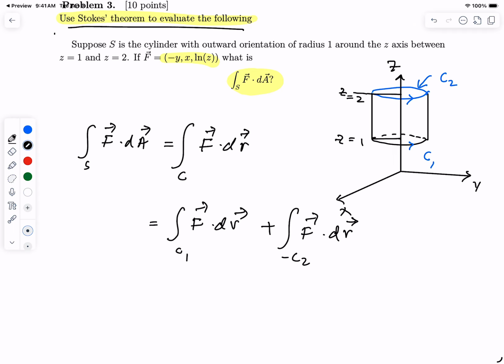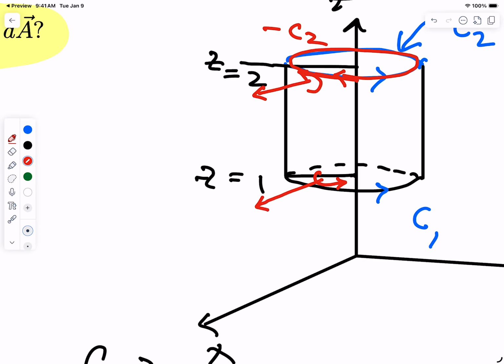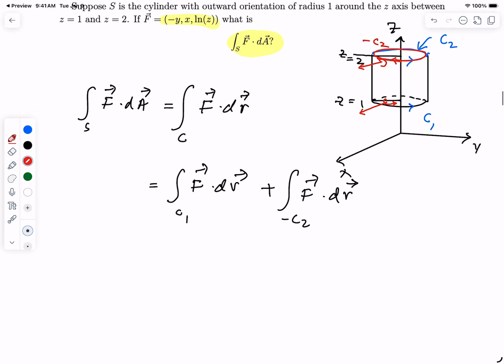But the theorem says the boundary should be decided according to the orientation given by the surface. That's the main thing. If you use the orientation of this surface, this one will give you counterclockwise, that's why I wrote C1, and here it gives me clockwise orientation. So this curve, maybe this red line, is negative C2, not C2. So this is the main reason.